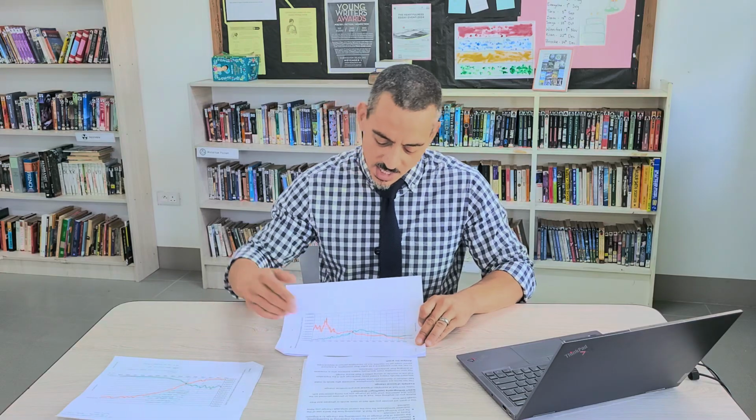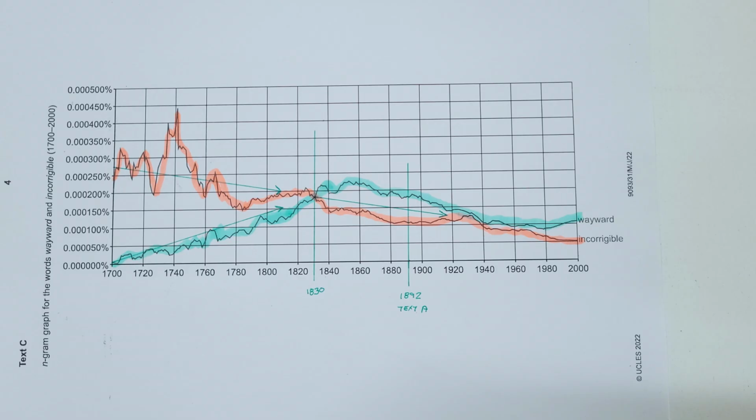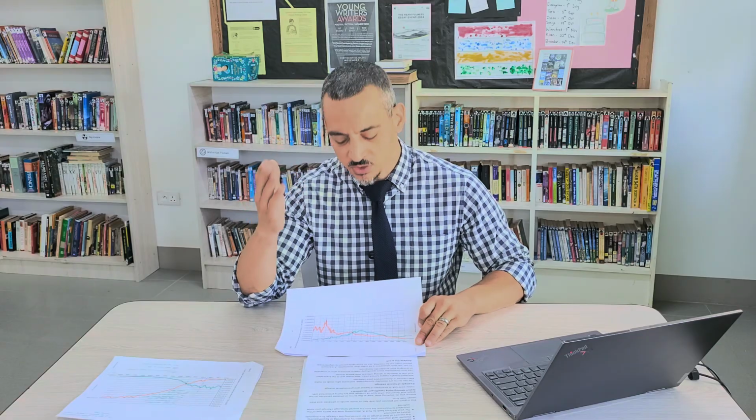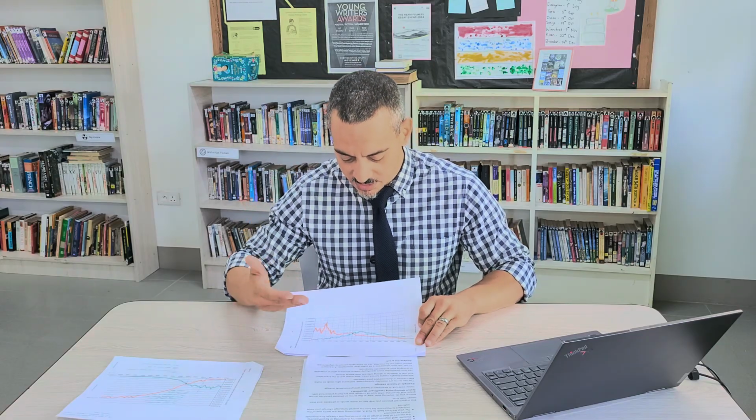The trend that I notice after they intersect is that both terms continue to decline in usage up until 2000 at the end of the graph. So the story I'm seeing here is of 2 terms that become equally used and then at a certain point, roughly around 1830, both kind of start falling out of general usage.